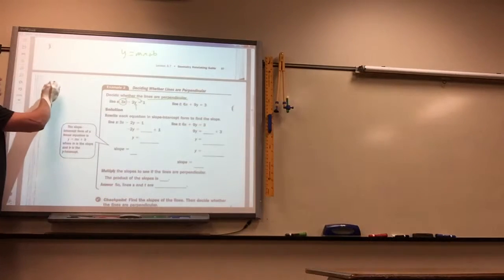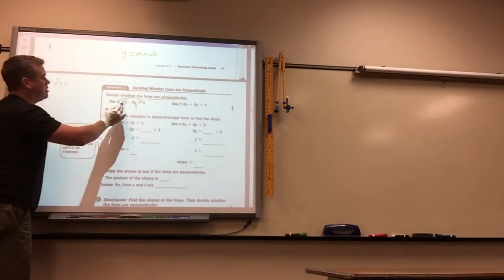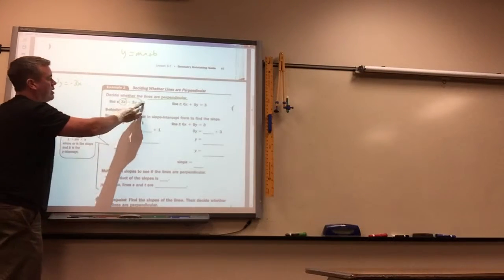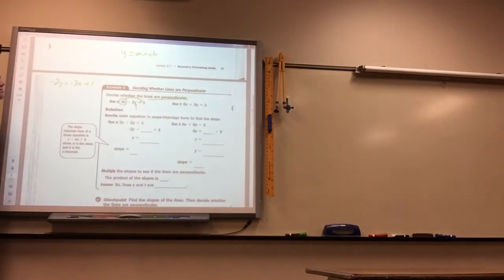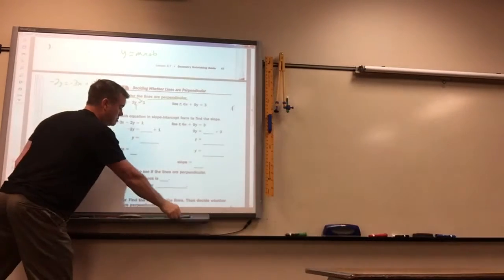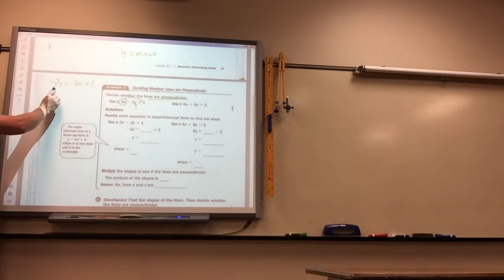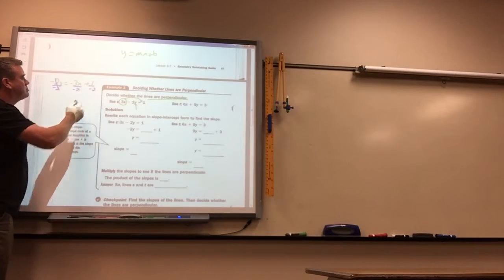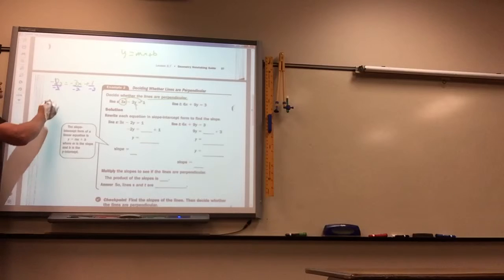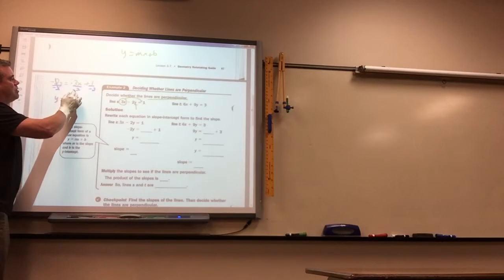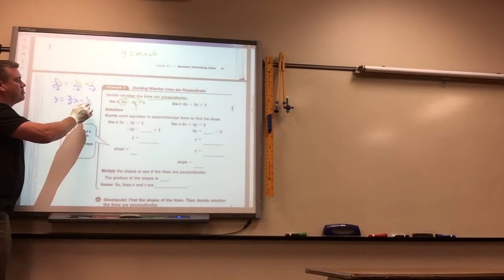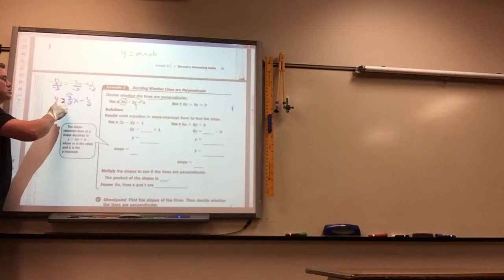So you'd have negative 2y equals, this would change from positive 3x to minus 3x. And then there's a plus 1. Then what do you have to do? Divide by negative 2. And you have to do that to everything. So all we're worried about in this equation: negative 3 over negative 2 is positive 3 halves x. Positive 1 over negative 2 is minus 1 half. We're not worried about the intercept, we just want the slope.